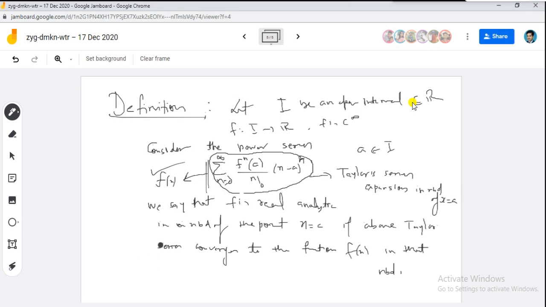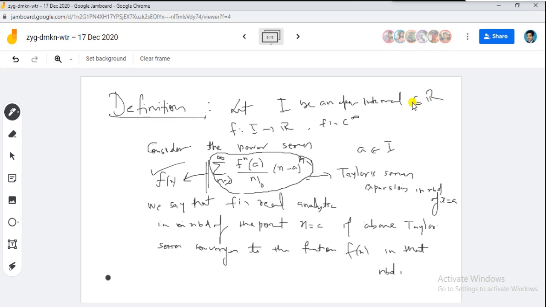So maybe you construct an example, or at least think over that, to give an example of a function which is C infinity, but whose Taylor series expansion is not convergent, and in fact does not converge to the given function.